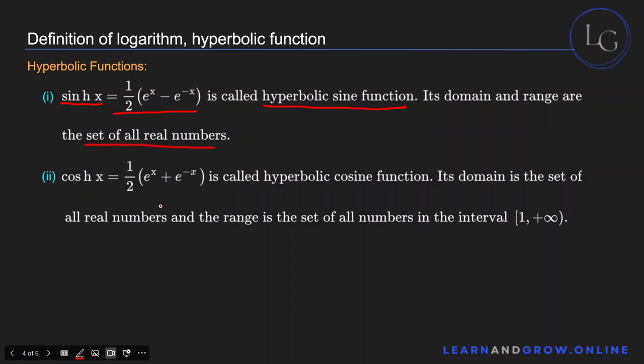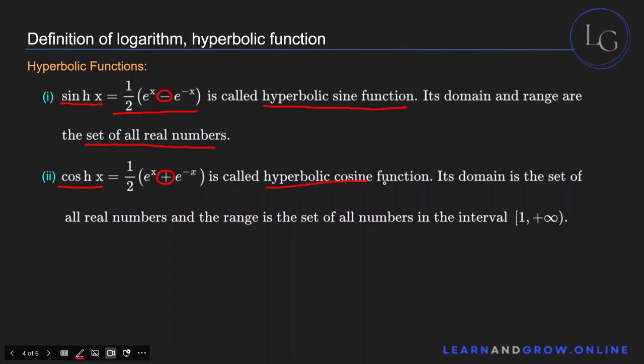Now you have cos hyperbolic of x. The only difference between sine hyperbolic of x and cos hyperbolic of x is the sign between the two exponential functions. In the sine hyperbolic of x, you get a negative sign, and in the cos hyperbolic of x, you get a positive sign.